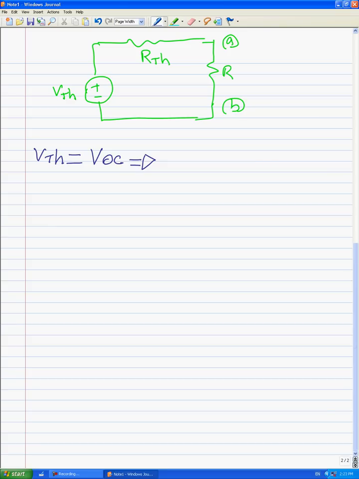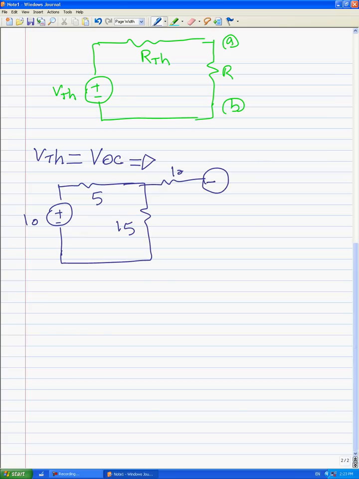That's why the circuit should be like this. We have 10 here, 5 here, 15 here, 10 here, and 5 here, and we have an open circuit here. This is the open circuit. We want to find the open circuit voltage, which is equal to the Thevenin voltage or VTH.